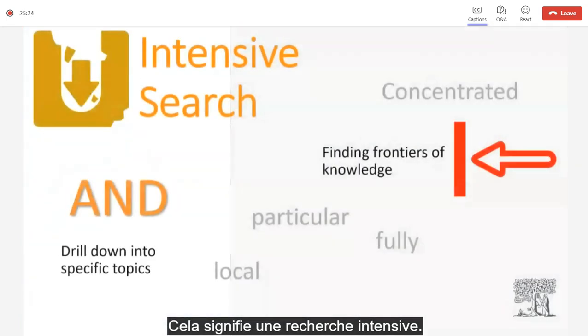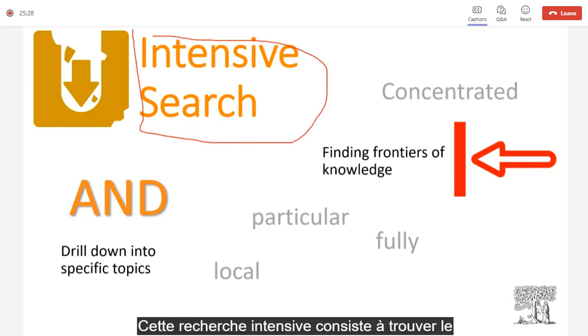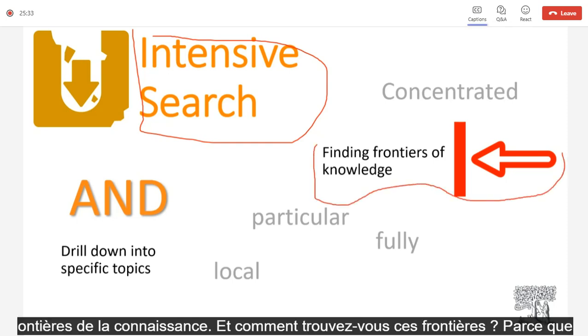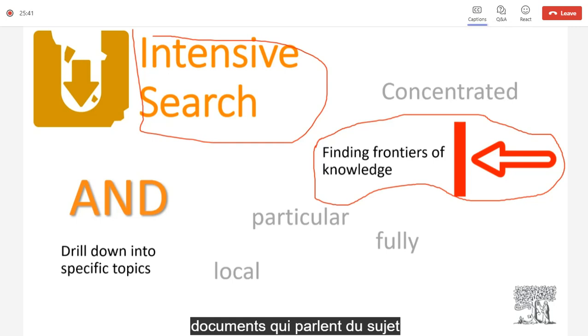This means an intensive search. This intensive search is to find the frontiers of knowledge. And how do you find these frontiers? Because you start seeing that there are fewer and fewer documents talking about the topic that you want to know.